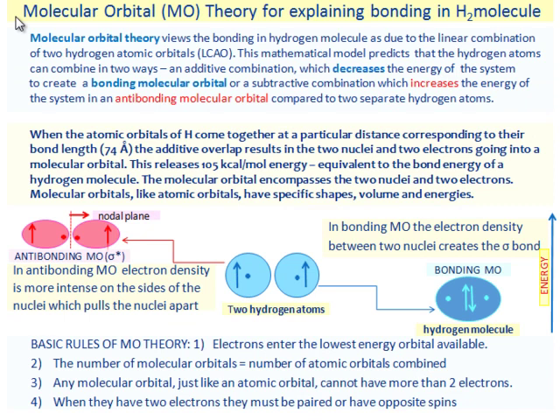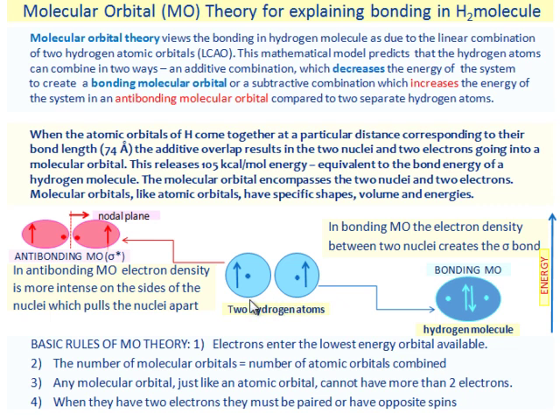Molecular orbital theory for explaining bonding in hydrogen molecule. Molecular orbital theory views the bonding in hydrogen molecule as due to the linear combination of two hydrogen atomic orbitals.